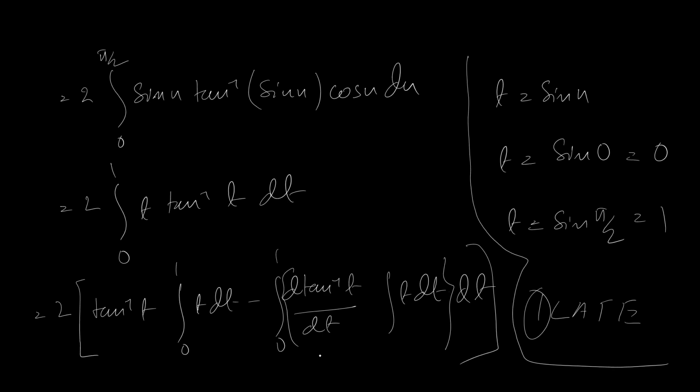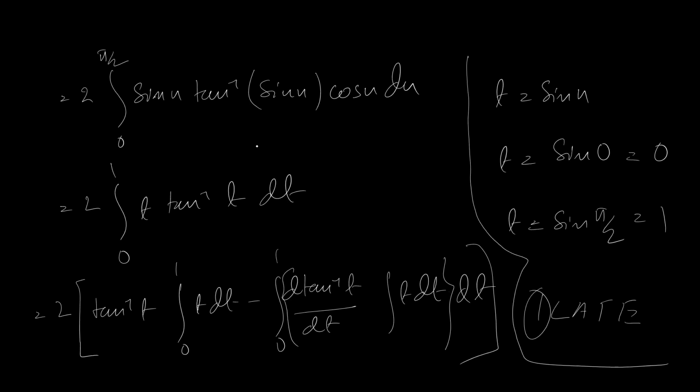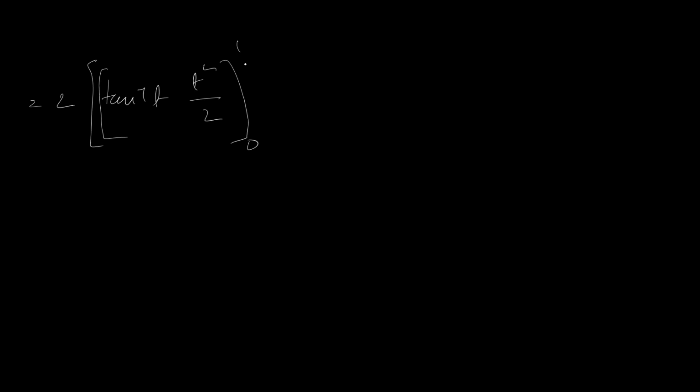So this is 2 times bracket, tan inverse t times t square by 2, but remember, I will have to give the limit 0 to 1 for this whole.